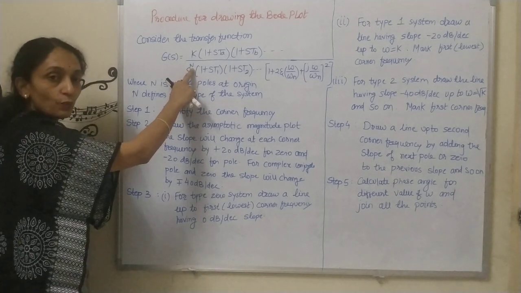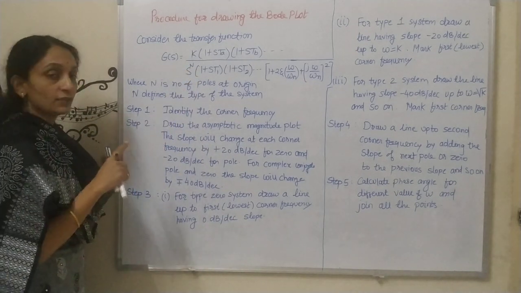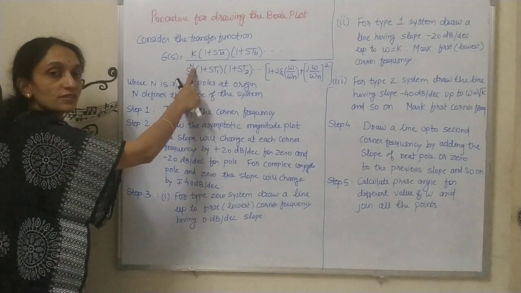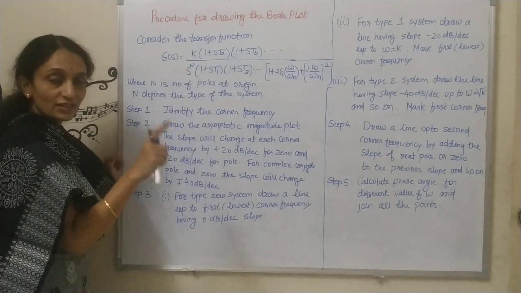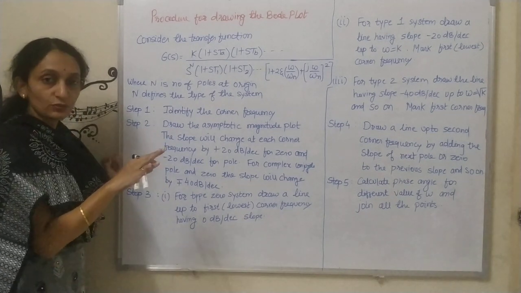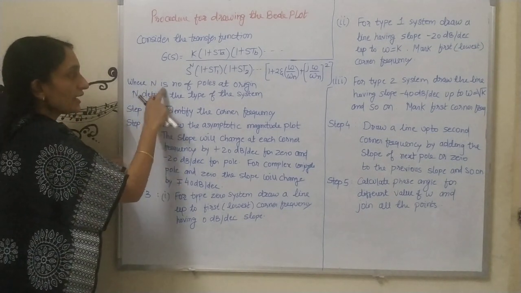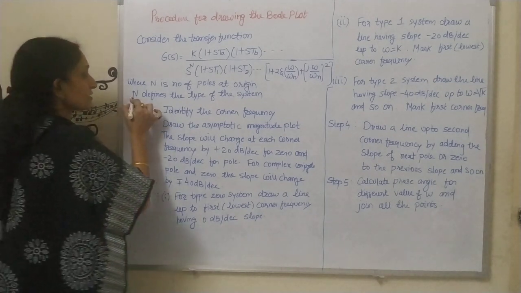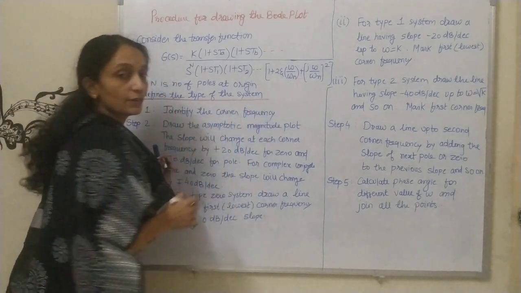Suppose n is equal to 1, so what you will say? Type, it will be 1. Suppose n is equal to 0, so type of the system it will be 0. No pole at origin. S raised to power 0 means no pole at origin. So where n is the number of poles at origin, n defines the type of the system.